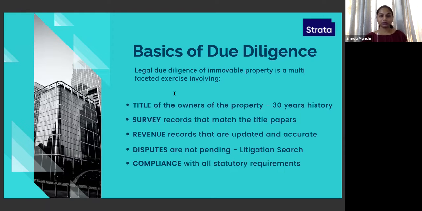You issue a public notice with a good 10-15 days in the local area newspaper, in the local language and in English newspapers. It will at least give you some sense in case there are any claims existing with respect to the property. But apart from that, litigation search is what is conducted.